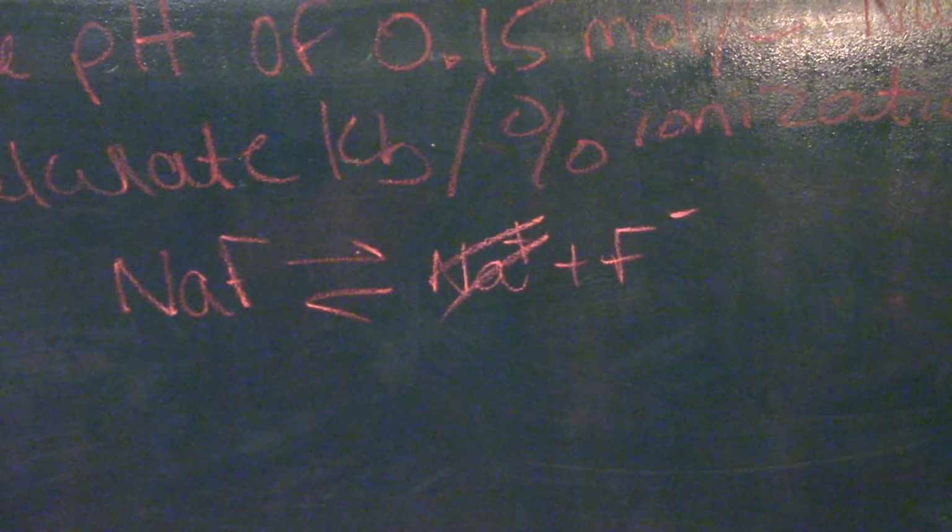All right, so we have sodium fluoride. So we need to dissociate it first. So NaF is going to equal Na plus and F negative. I'm going to get rid of the sodium, and I'm going to use the fluorine in the base ionization equation. So this is going to end up being F negative plus H2O makes HF plus OH negative.